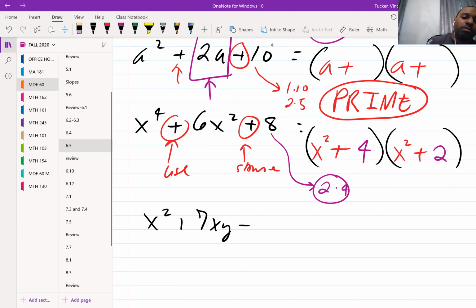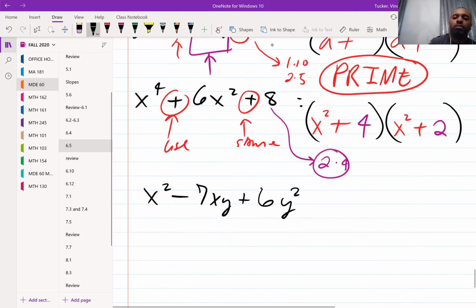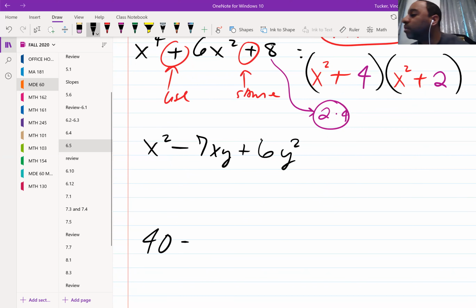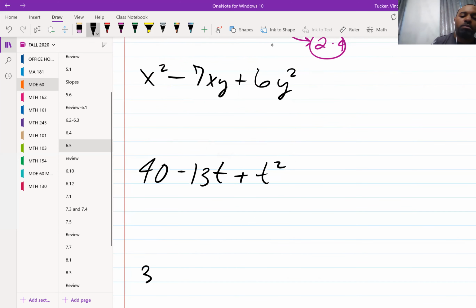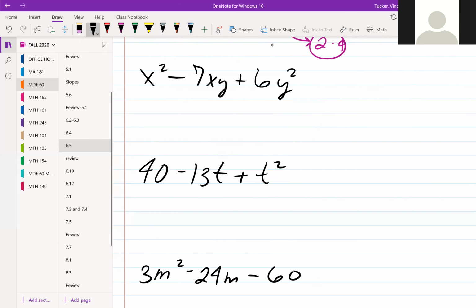Let's get minus. This one here, will we use the y or the x?